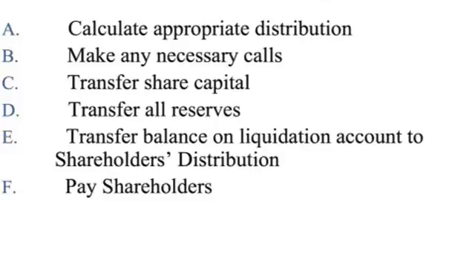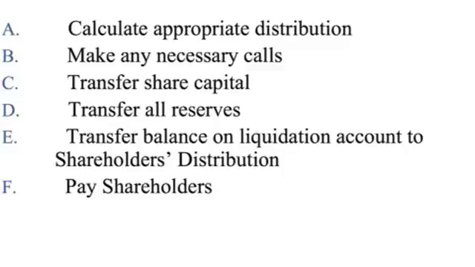So the steps that we need to follow when we get to this stage of the liquidation process, the stage of returning the capital and any surplus or deficit to the shareholders, are listed on the slide. First of all, we'll calculate the appropriate distribution of the surplus or deficit amongst the respective classes of contributors.